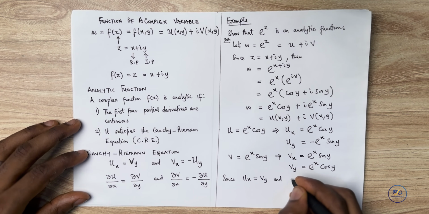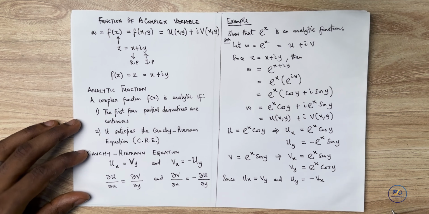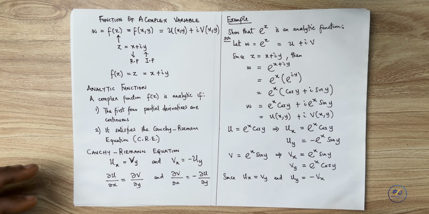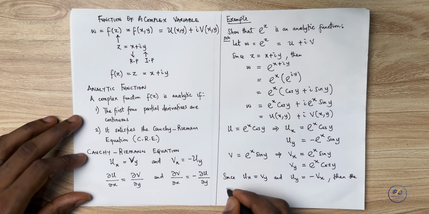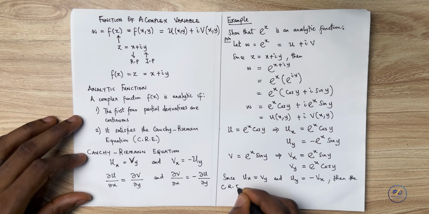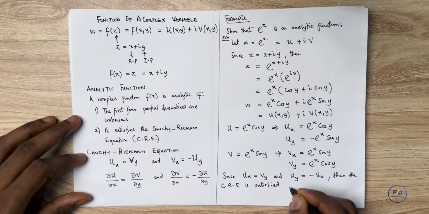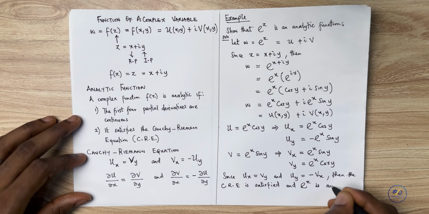So you can say that u_y is equal to minus v_x. So since these two conditions are satisfied, which is the Cauchy-Riemann, you can see that then the CRE is indeed satisfied and e raised to the power of z is indeed analytic.